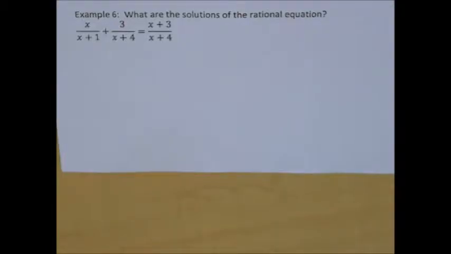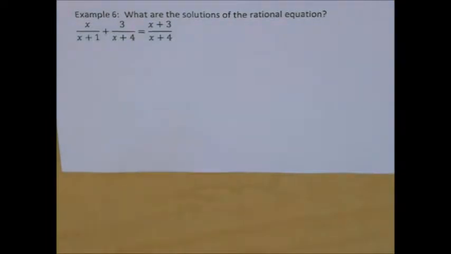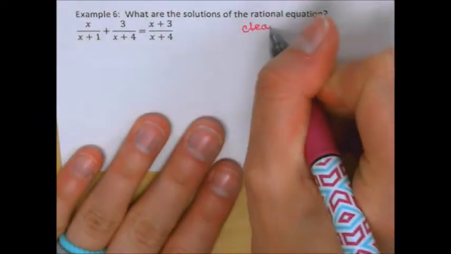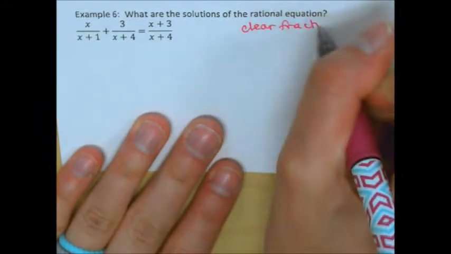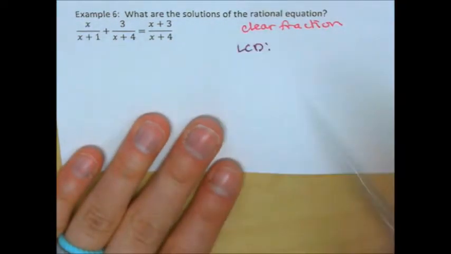For example 6, we ask ourselves our question, is it a proportion? No, we have two fractions on this side, so it's not a proportion. And so then our method to helping us solve this is to clear the fraction. And we do that by finding our least common denominator.